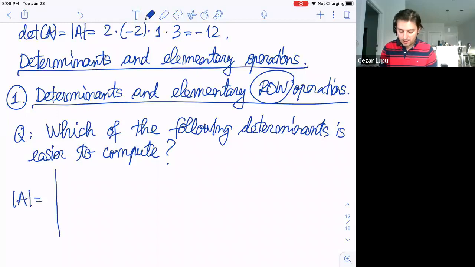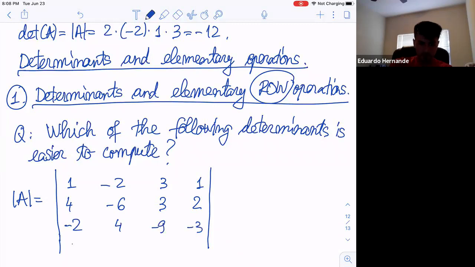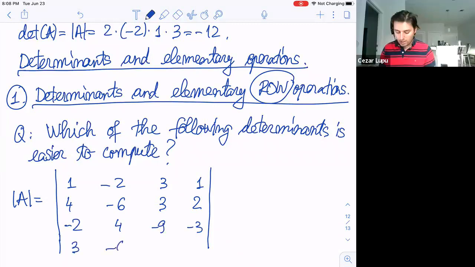I'm going to write it like this. Let's say it will be a 4 by 4. So it's 1 negative 2 3 1, 4 negative 6 3 2, negative 2 4 negative 9 negative 3, and the last row will be 3 negative 6 9 and 2.